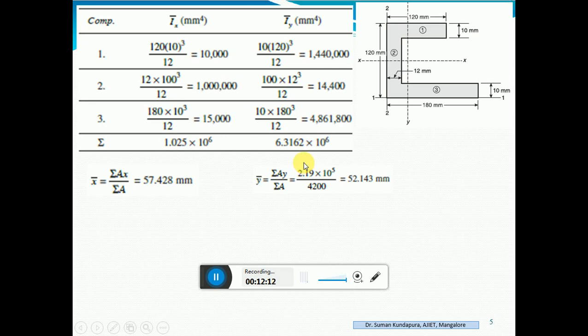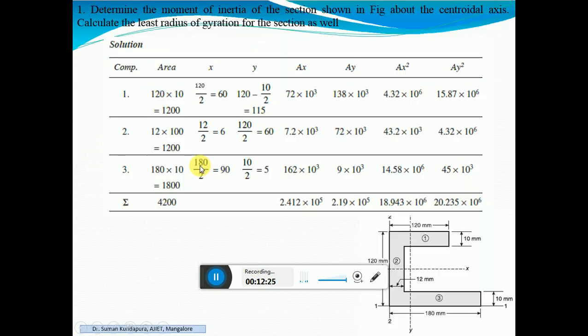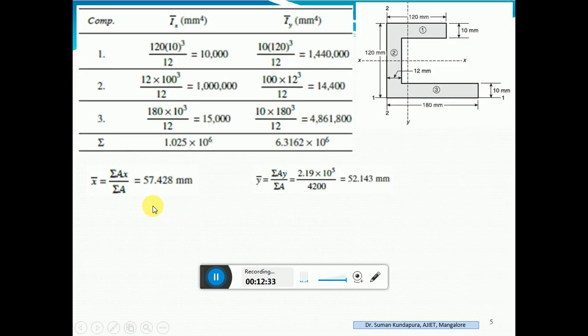Next, I need to find out I11 and I22. Before that, find out what x bar and y bar are. X bar is nothing but summation Ax divided by summation A. Summation Ay divided by summation A will give you y bar. So you found out what it is. It's not necessary that you should draw the centroidal axis beforehand.